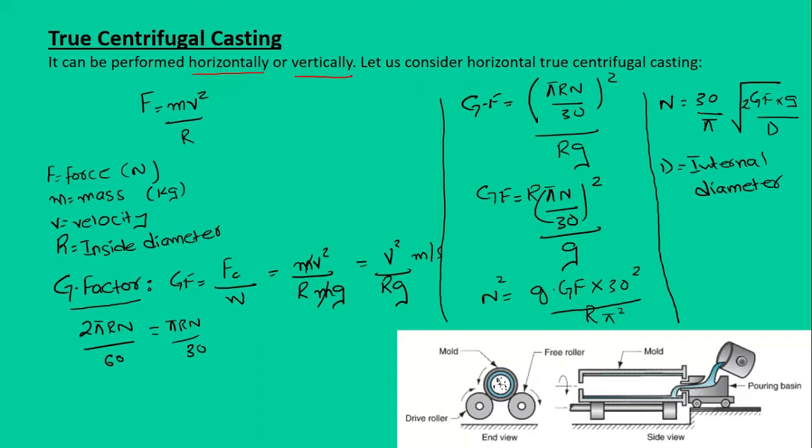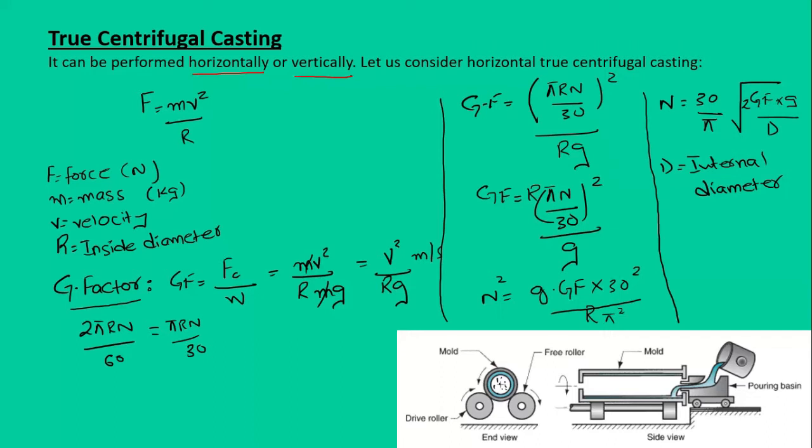Or there will be slipping between the molten material and the mold wall. So the molten material is continuously changing its position as well. So it means that the speed of the mold is less than what it should be.